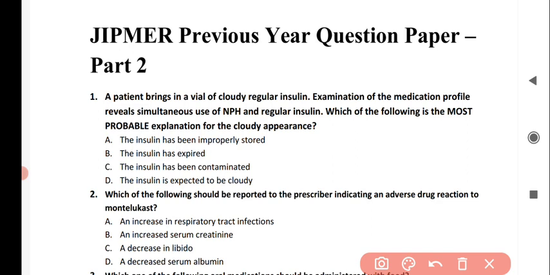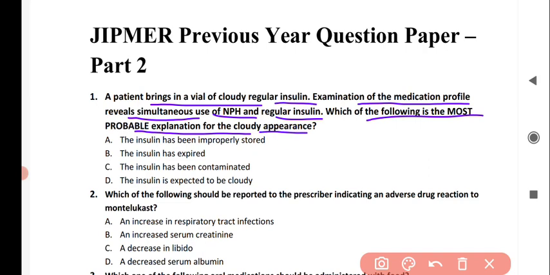So the question is, a patient brings in a vial of cloudy regular insulin and the examination of the medication profile reveals simultaneous use of NPH and regular insulin. Which of the following is the most probable explanation for the cloudy appearance?